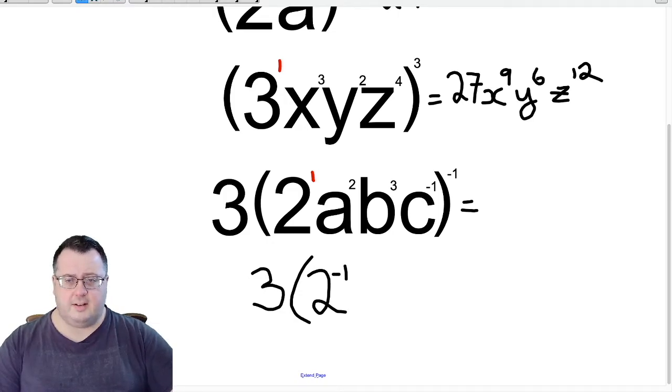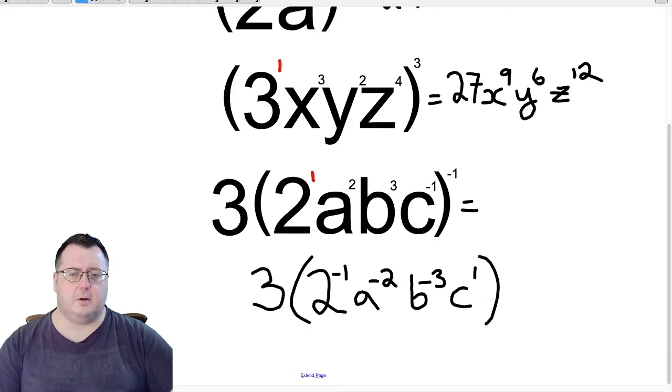A squared times minus 1 will be a to the minus 2. B cubed times minus 1 will be b to the minus 3. And then c to the minus 1 times minus 1 will be c to the 1, as minus 1 times minus 1 is positive 1.